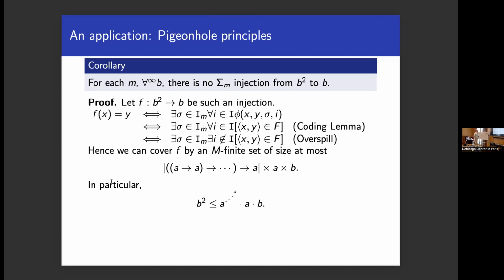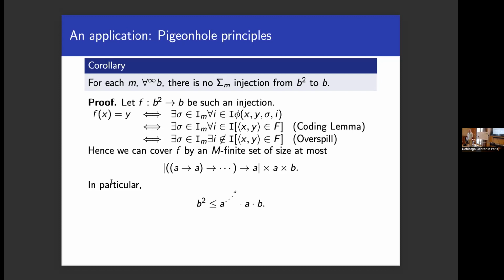Which means the true injection has domain, has range, no more than b. The size is this size, at most, this size times that size, making this, which is true only for b smaller than the displayed number. Therefore, almost every b doesn't have such an injection.